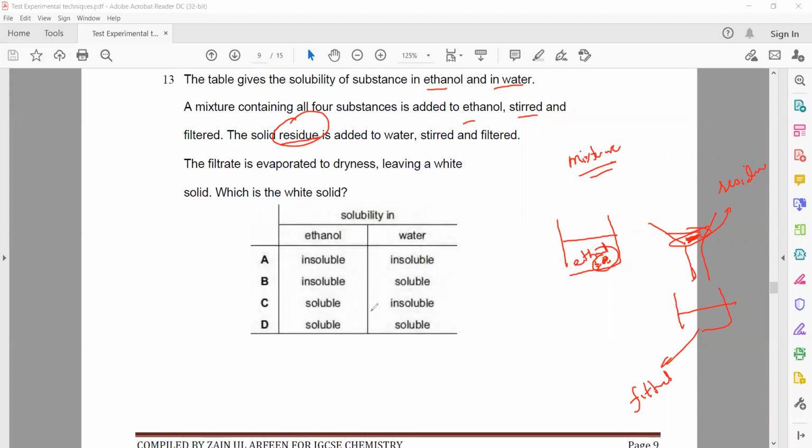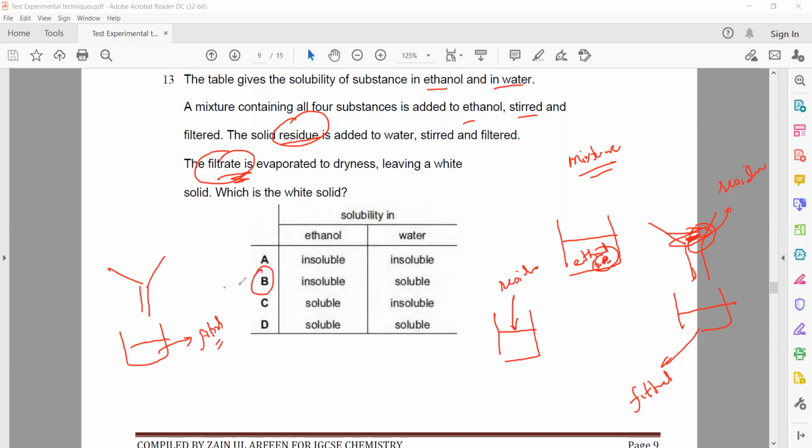Then what we did, the residue is added to water. So the solid residue which is obtained from the ethanol is added to water and then stirred and filtered, and now the filtrate is evaporated. If it is a filtrate in water, it means it is soluble in water, and it was a residue in ethanol, so it means it is insoluble in ethanol.